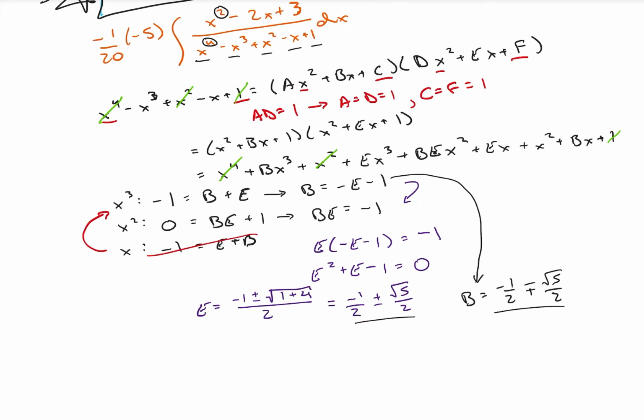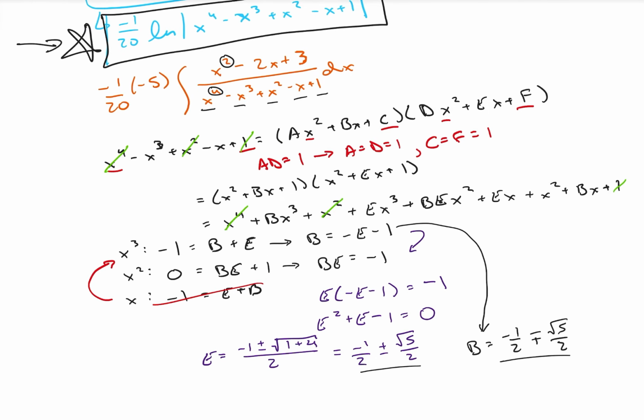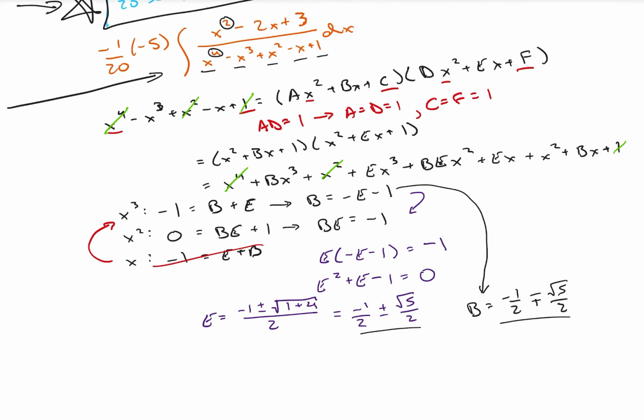All right, so why did I do that? So what was I going through to find there? The reason I did all of this was to figure out if I could factor my denominator up here, and it turns out we can.